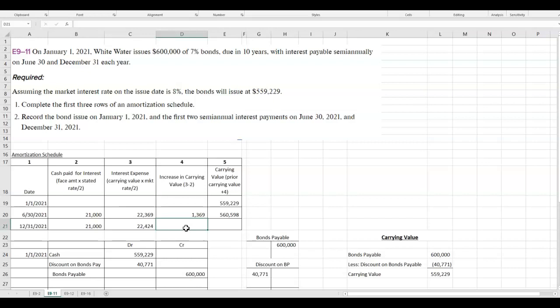The difference between the interest expense and the cash paid is $1,424. We're going to increase our carrying value by that $1,424. The goal is to get back up to a $600,000 carrying value so that at the end we can pay off the $600,000.